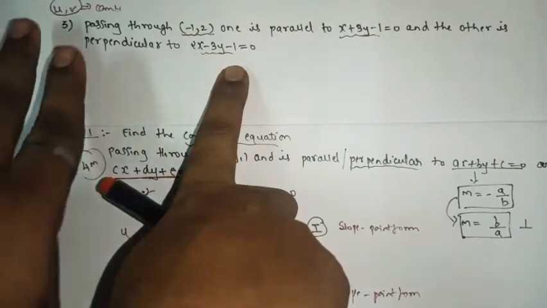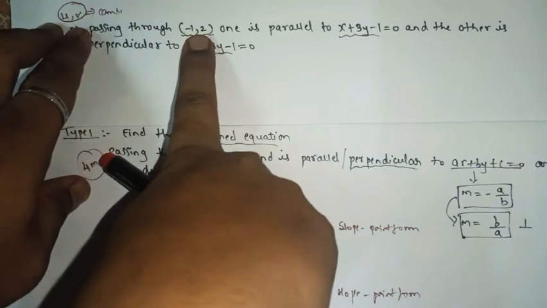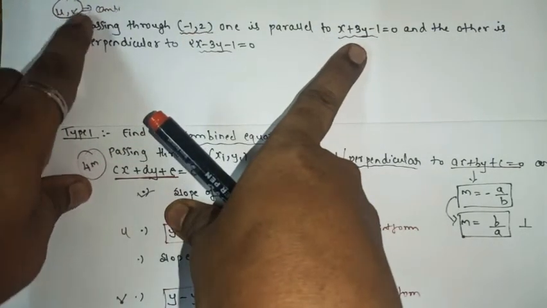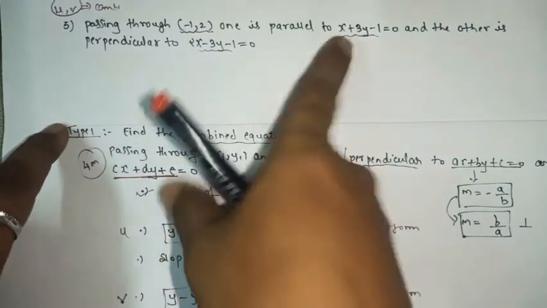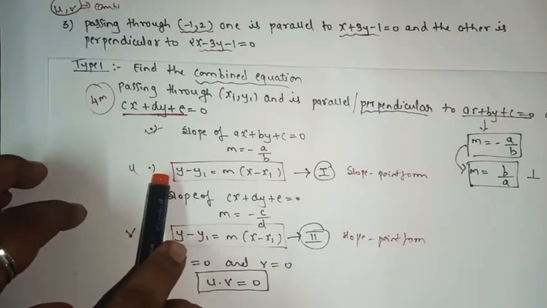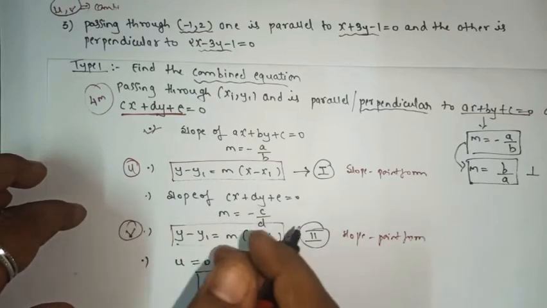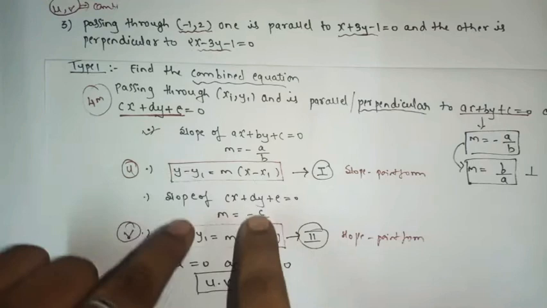So it says we have two linear equations passing through this point, in which one is parallel to this and the second one is perpendicular to this. When you solve, you will get one equation we'll consider as u and the second one as v. After applying this step, you will get a particular u and v.